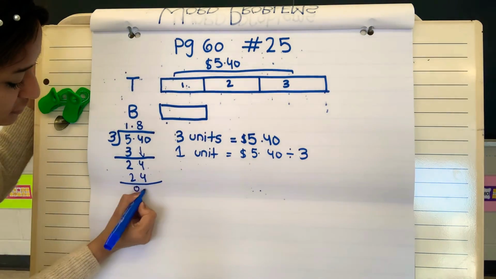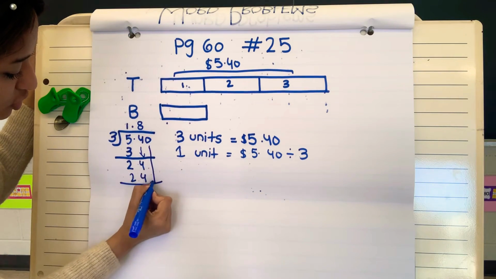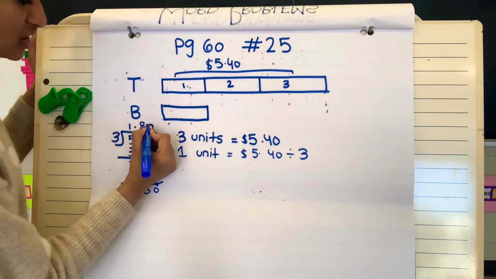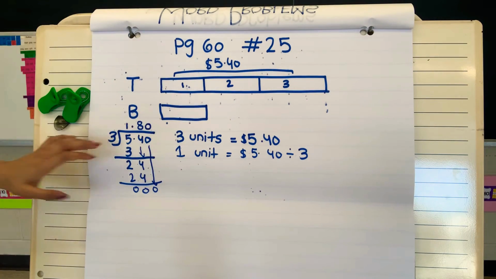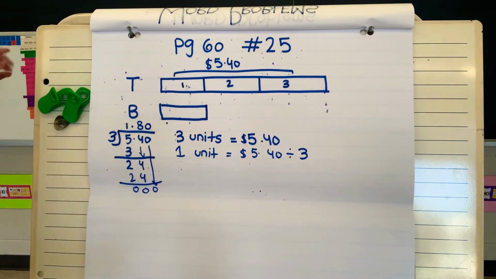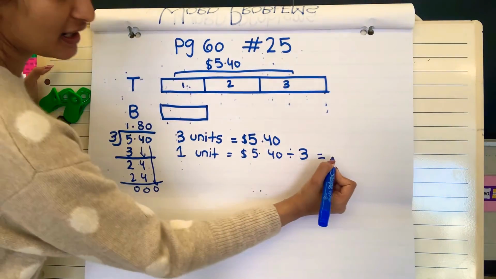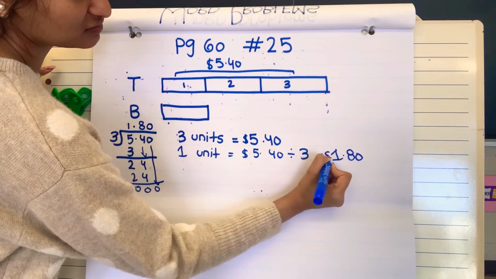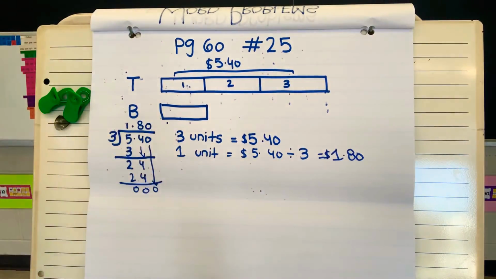Then I bring this 0 all the way down. Since I can't do anything with it, I put a 0 at the top, which means my 1 unit costs me $1.80. Okay, so $1.80.